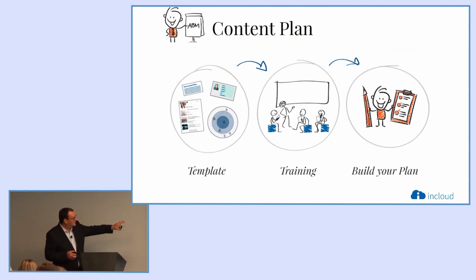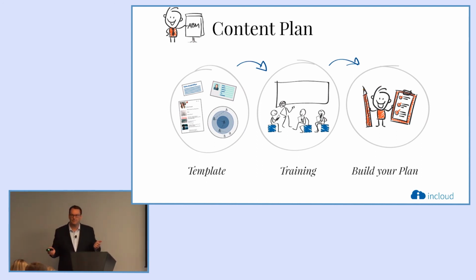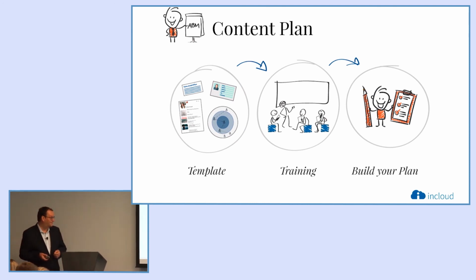So we've taken all our templates, we've put them all together into a game plan. Now we have to train our ABM team to implement it, right? So the first step you want to be considering here is developing a pilot project, right? So you can use the Salesforce tools, you can work with Incloud, and you can put together an appropriate pilot project where you're going through this whole process and you're developing and collaborating with your clients, you're developing all the processes and systems that you have to put in place to run the campaign, and you've chosen 5 to 10 particular accounts that you want to go after, right?